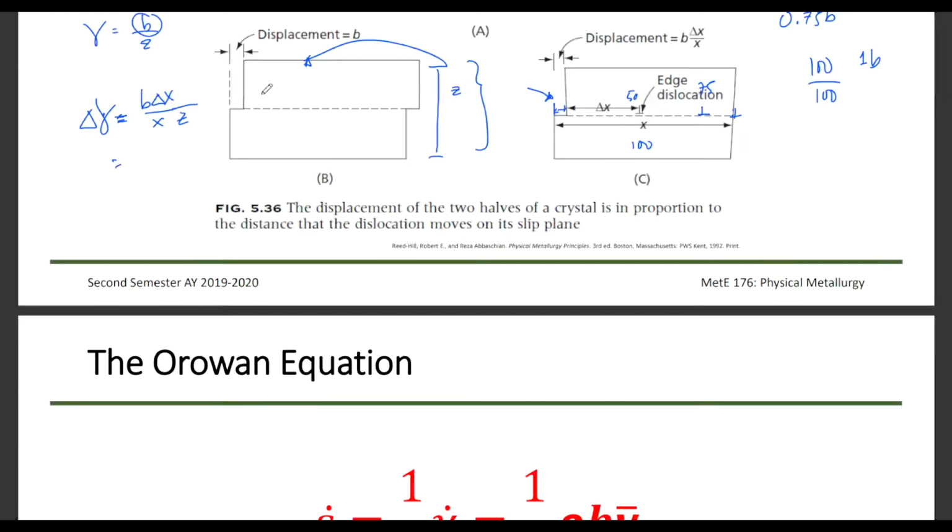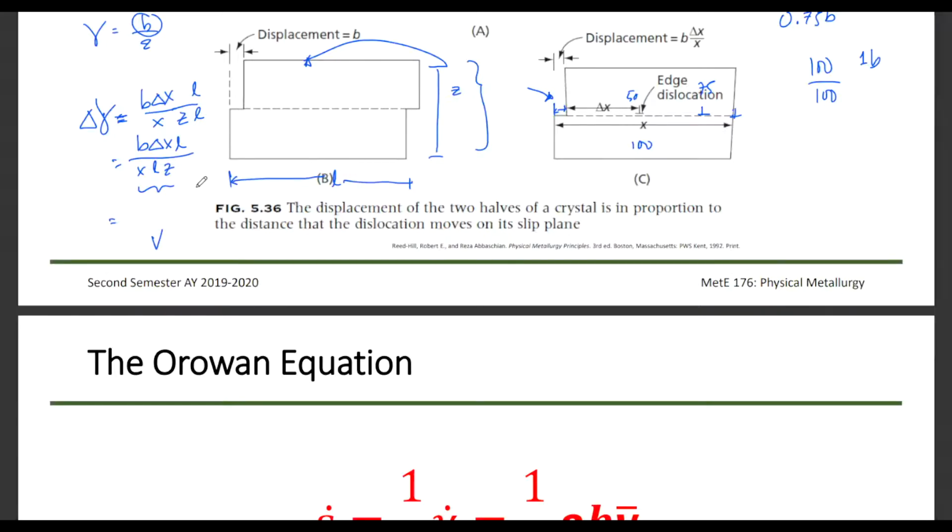And if we multiply it by, let's say this is length L, L over L, so I'm just multiplying it by 1, then I get B delta x L over XLZ. This XLZ is the length, the width, and the height, so this is actually just the volume.